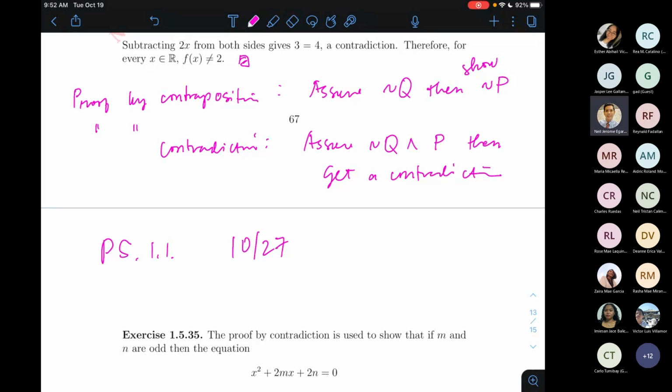I was thinking October 25 to 27. Tingin niyo ba matatapos niyo ng October 25 to 27? What do you think, guys? Magagawa ba natin yun?